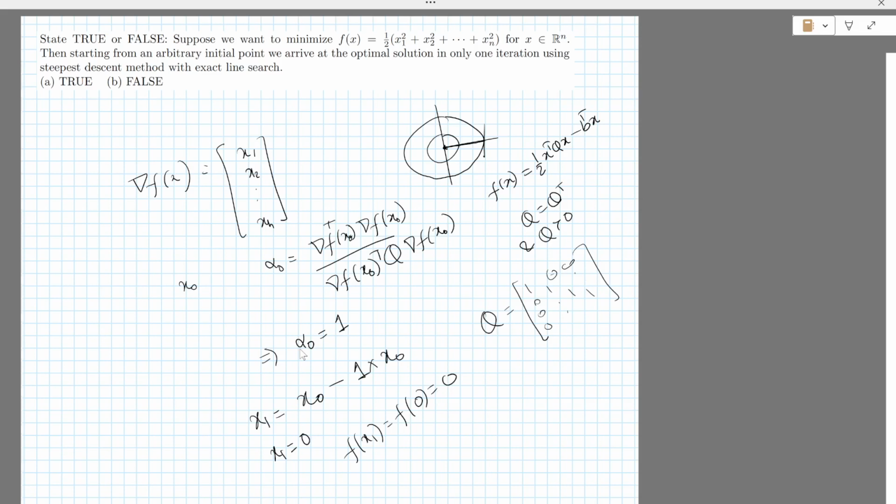I mean, that's fine. But if Q was a symmetric matrix, will it happen for every symmetric matrix, or only if it is diagonal would it happen in one step?